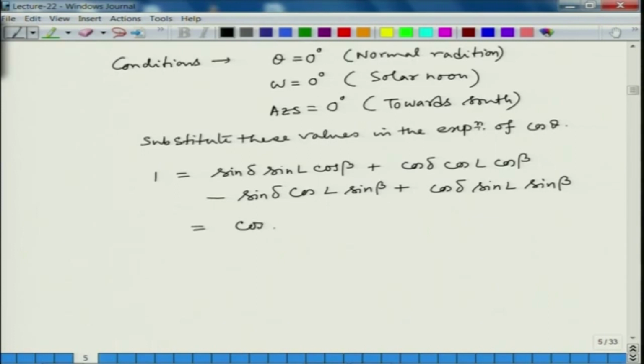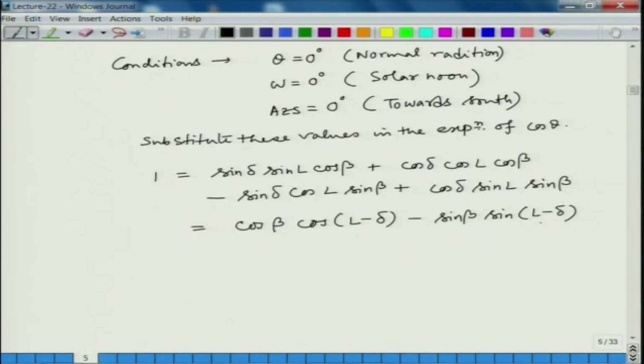You can take cos beta common and have cos of L minus delta, and for the other term you can take sin beta common and you will have sin of L minus delta. Simple trigonometric algebra we are using.